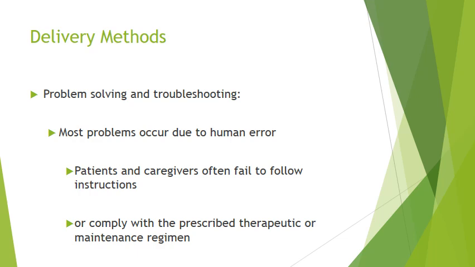Give them booklets in case they forget how to do something so they can refer back to it. So the majority of the time when there are problems with the equipment, it is because patients and caregivers often fail to follow proper instruction or comply with the prescribed therapeutic or maintenance regimen.